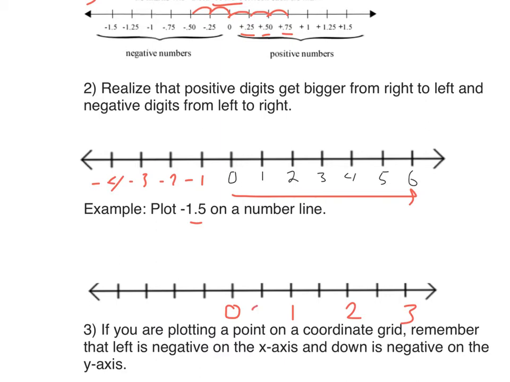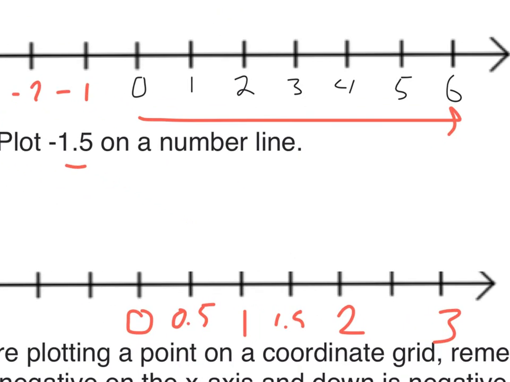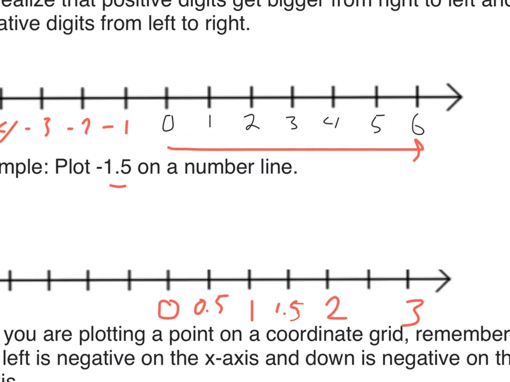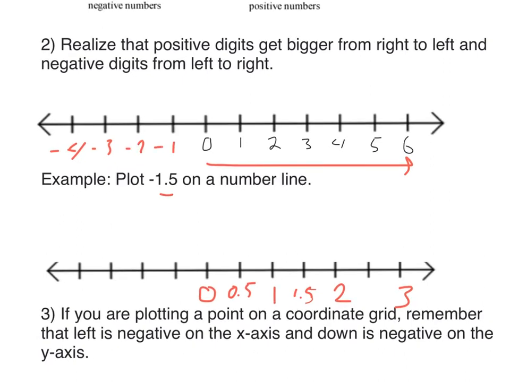That means this first space is 0.5, the next one between 1 and 2 is 1.5, and so on. Let me get the 0.5 on there. All right, and now it's going to be easy to find negative 1.5 because it's the opposite of 1.5.